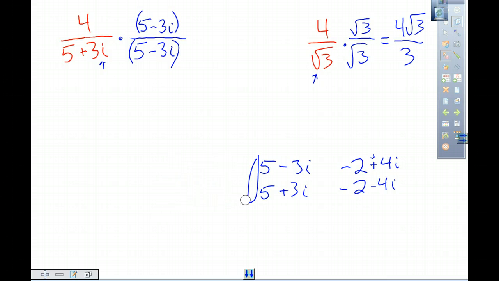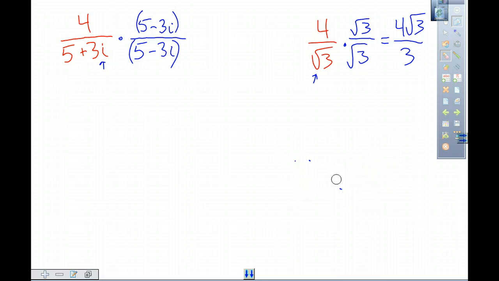Go ahead and multiply the bottom, see what you get. Again, box or FOIL.